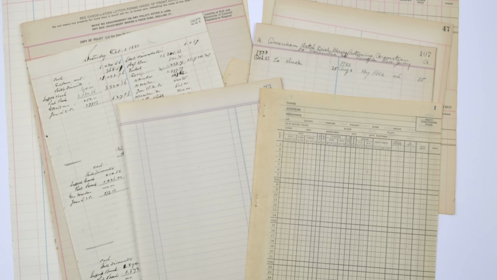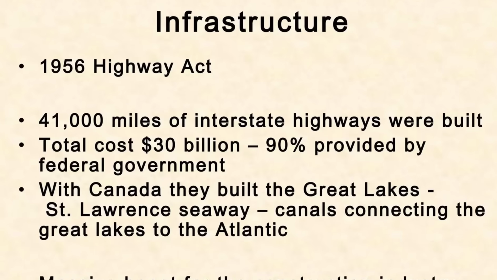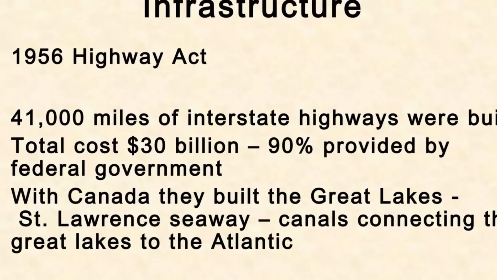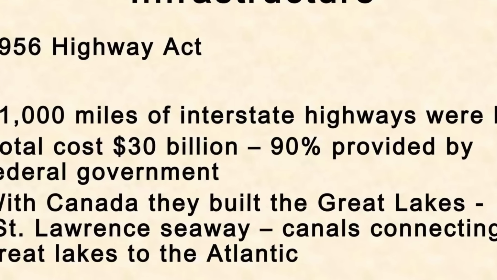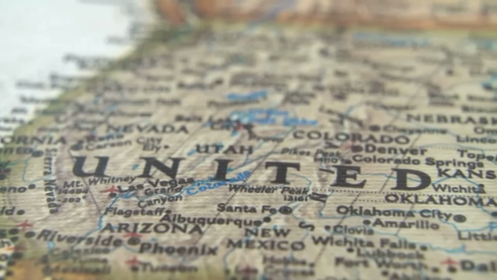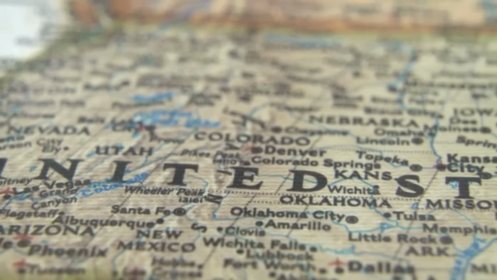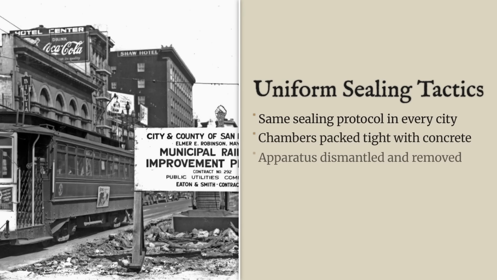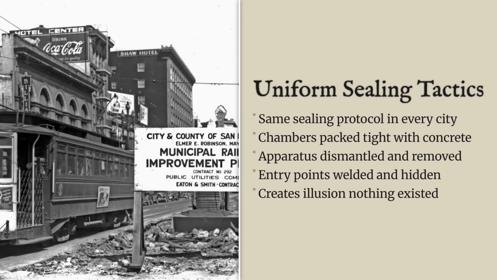I examined municipal renovation budgets from this era. Sealing operations received federal funding under infrastructure modernization programs. The work happened simultaneously across cities with no apparent coordination, yet followed identical procedures, including concrete plugs, filled chambers, removed apparatus, and sealed access points.